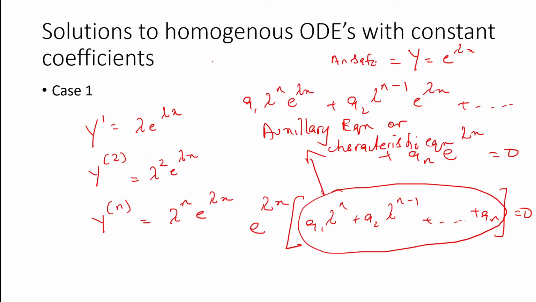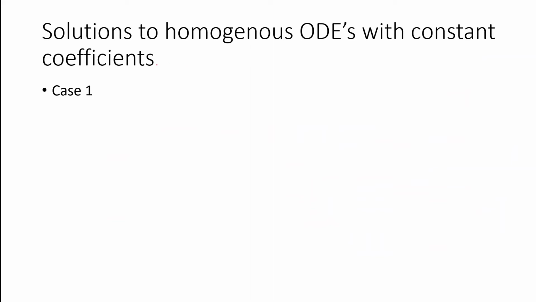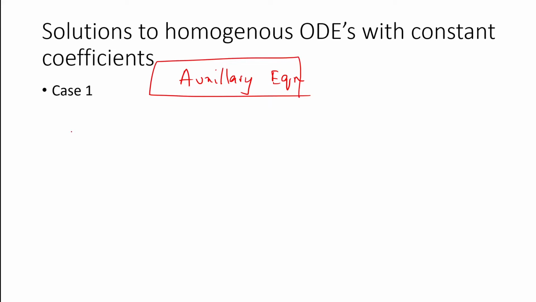So what is done in most textbooks when we use the auxiliary equation? Instead of using lambda, we replace that lambda with some D. We use what is called the annihilator. So what is an annihilator or a differential operator?